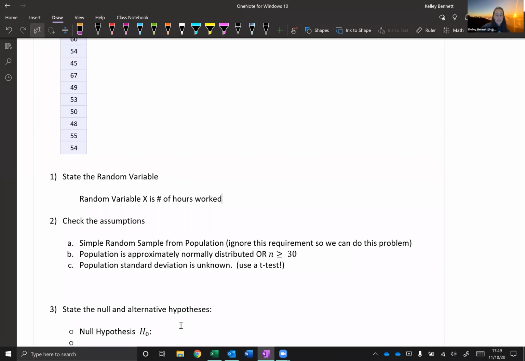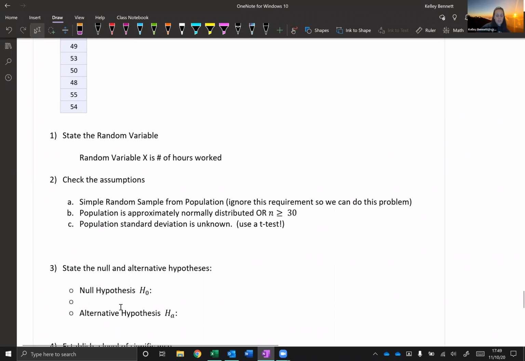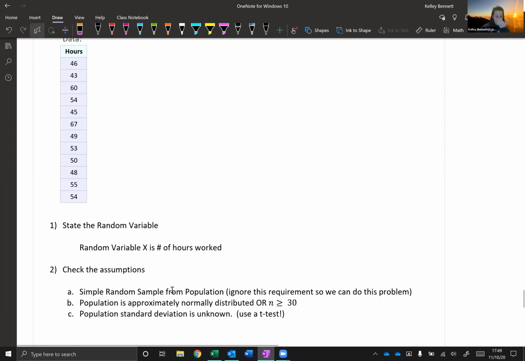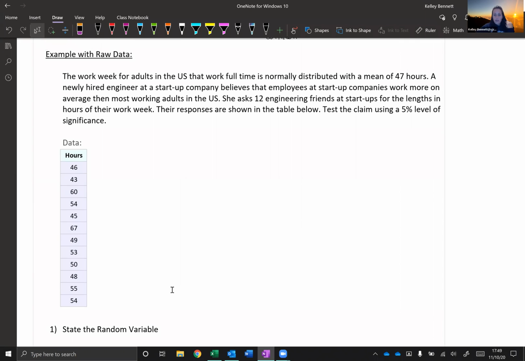All right, so let's state the null and alternative hypotheses. So the null hypothesis is that the work week is 47 hours, right? And so that's given in the first line of the problem. Then what we want to test, the thing that will be our alternative hypothesis, is that the mean is actually larger.